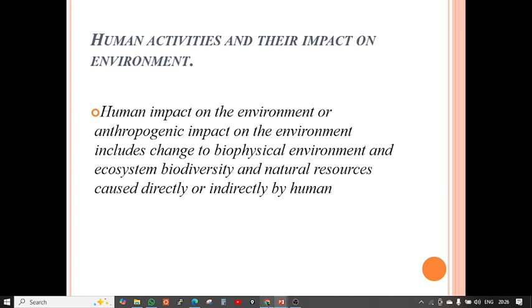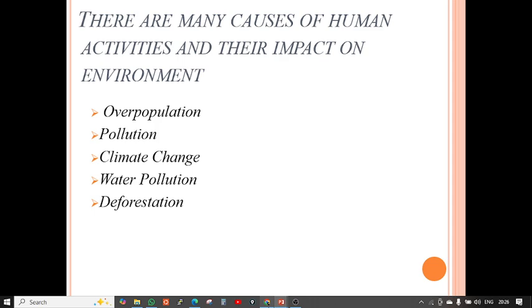Indirectly we are impacting nature, and the consequence is degradation of human health, and also of other creatures. So there are many causes of human activities and their impact.